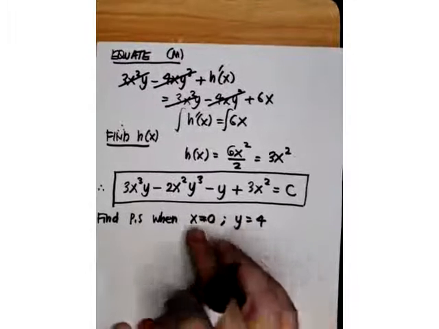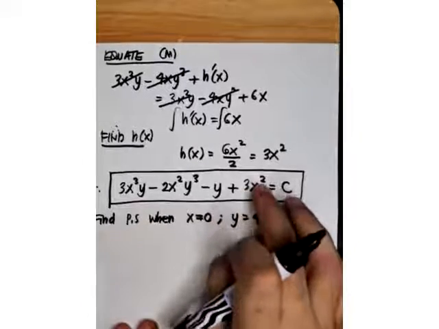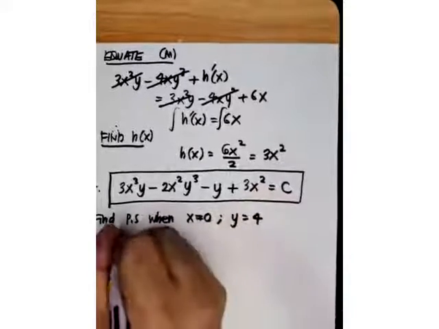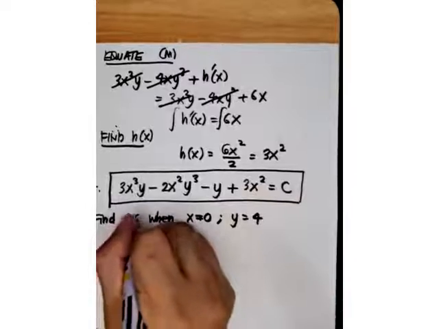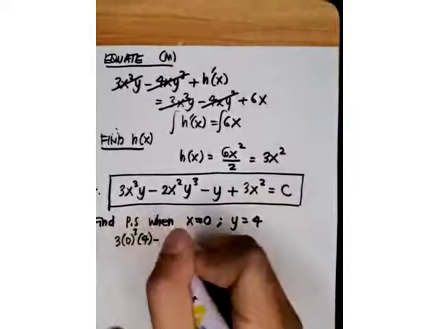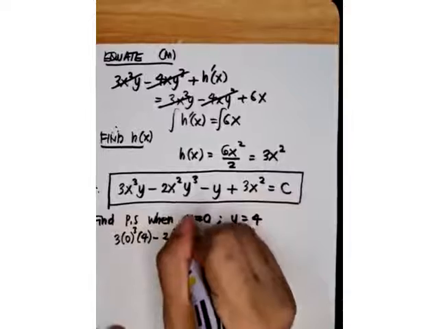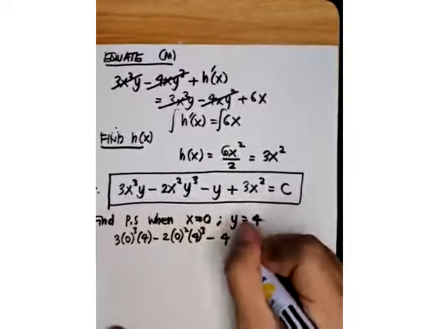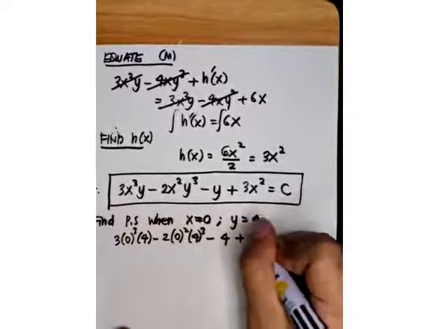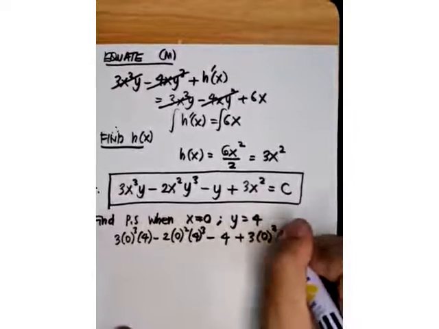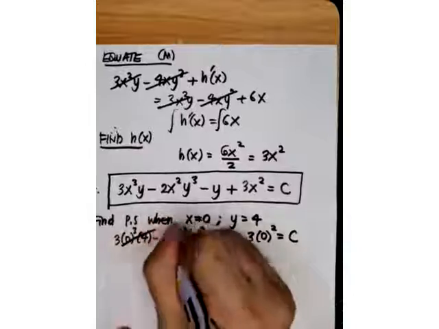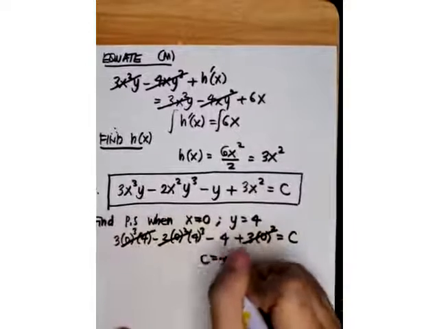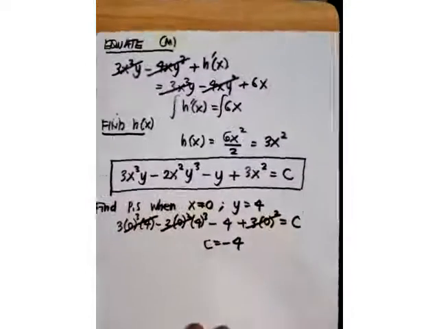So that means we will just apply this condition to this equation. So that will be 3 times 0 cubed times 4 minus 2 times 0 squared times 4 cubed minus 4 plus 3 times 0 squared is equal to c. So cancel, cancel, cancel. So c is equal to negative 4.